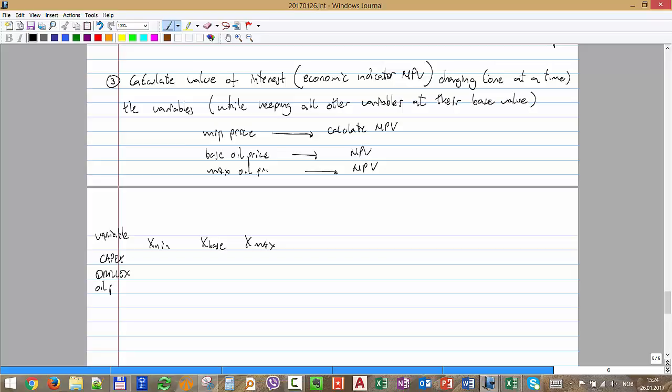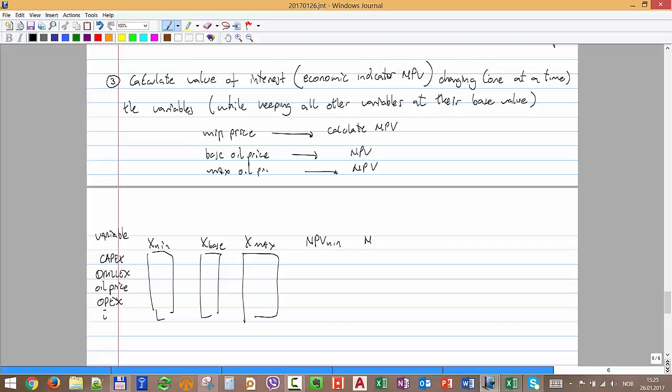And here you have oil price. There you have OPEX. You can have many things. You can have also the interest. You define a minimum value and a maximum value, and for that you compute the NPV: NPV of the minimum, NPV of the base, and NPV of max. Remember that for each one of them you're just changing this capex. All the others remain at the base value.